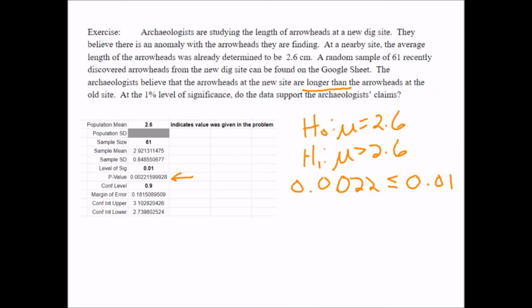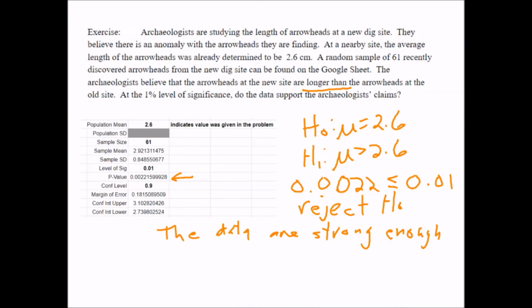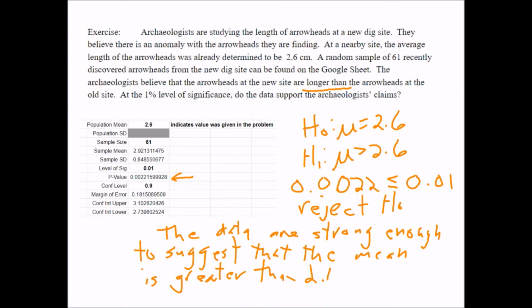So when our p-value is less than or equal to the alpha, the level of significance, then we reject the null hypothesis, which means that the data are strong enough to suggest that the mean, and this is where we adopt our alternate hypothesis, so suggest that the mean is greater than 2.6 centimeters.